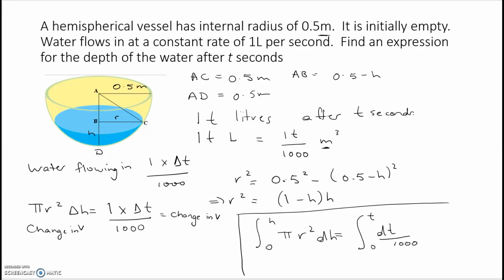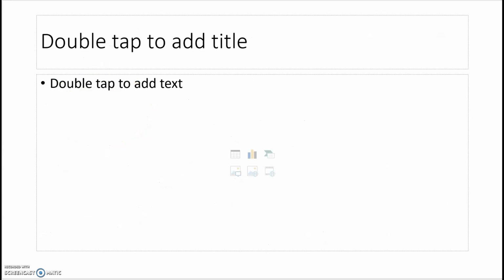Now let's leave the 1,000 out of the right hand side and put it onto the left hand side. Let's multiply both sides by 1,000 and get rid of that fraction.